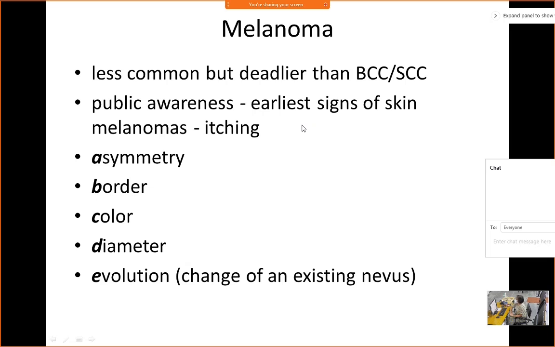So when somebody has a mole on the face and it starts to itch, and they start to notice that the mole is growing bigger and looking asymmetrical, a round mole may show some extension at some end, the borders may become irregular, the color may change, the diameter may become larger, and evolution means that there is an overall change in the existing nevus.